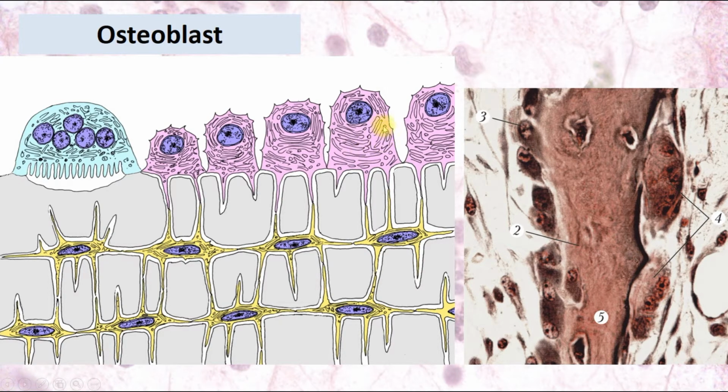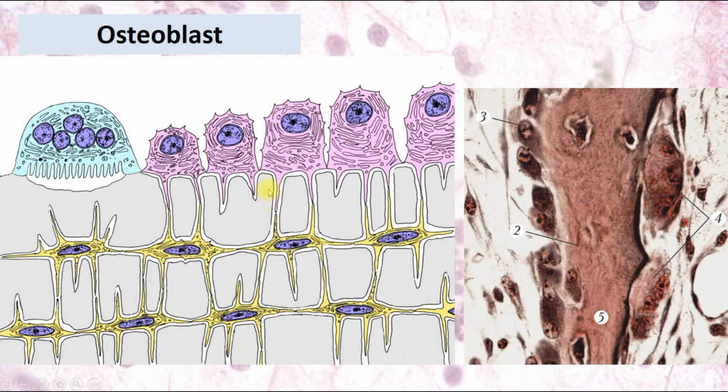But active osteoblasts have a cuboid or even columnar shape, and they usually are located on the surface of the bone, inner or outer. And osteoblasts aren't surrounded with mineralized matrix, they are located on the surface. And then they begin to produce matrix.